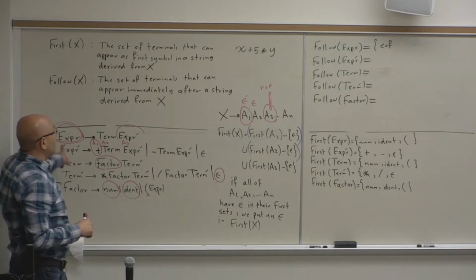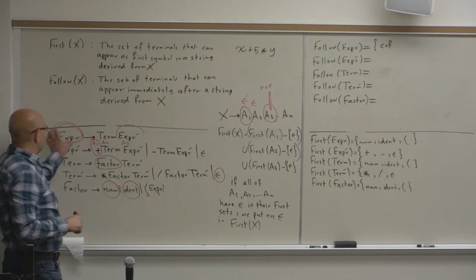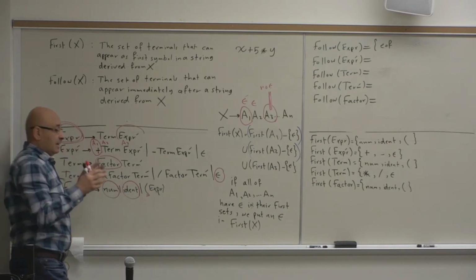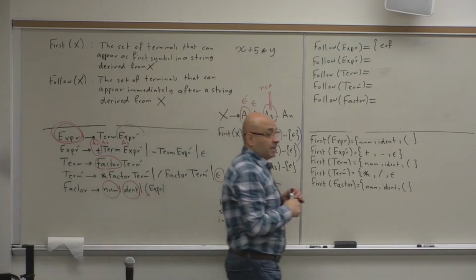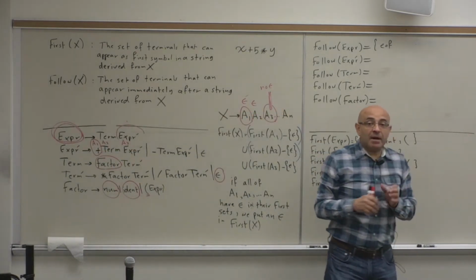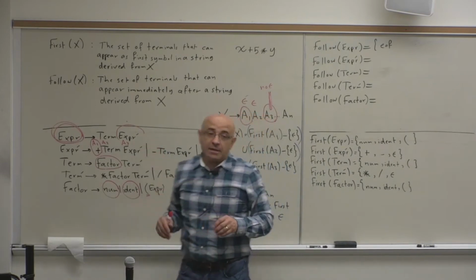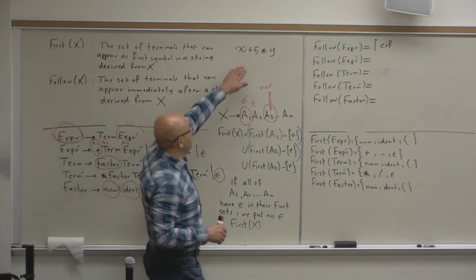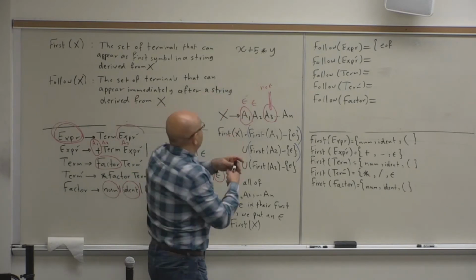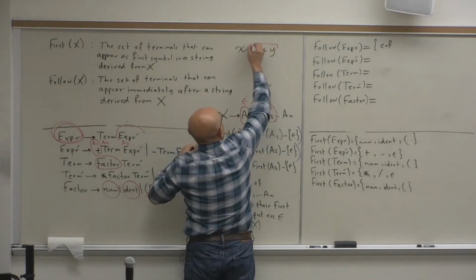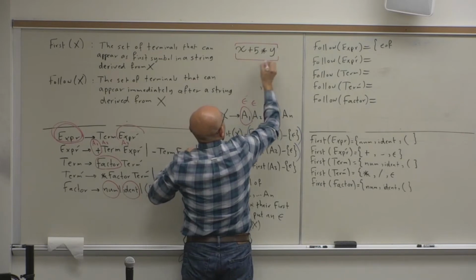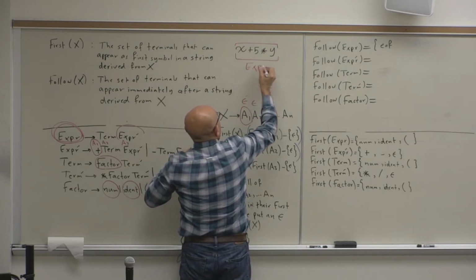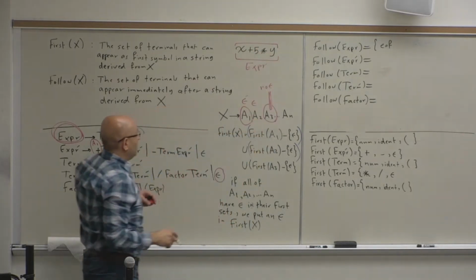So the start variable, I'm parsing. The start variable is the biggest variable. In fact, the start variable is the whole string that I'm parsing. So this whole thing will parse into an expression. The whole string is an expression.